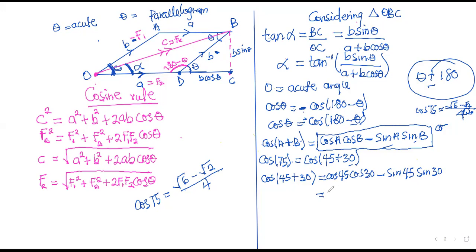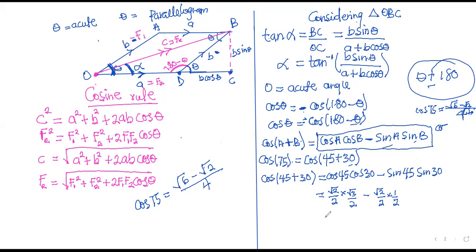Now cos 45 is root 2 on 2. Confirm it for me. True or false? True. Cos 30 is also root 3 on 2. Yes. Sine 45 is also root 2 on 2. Then sine 30 is equal to how?